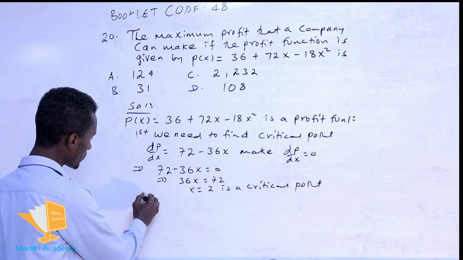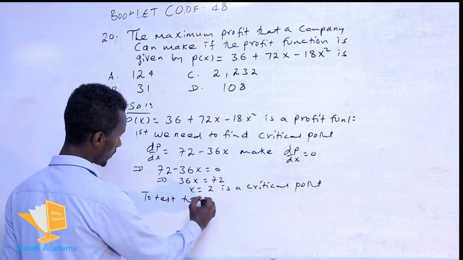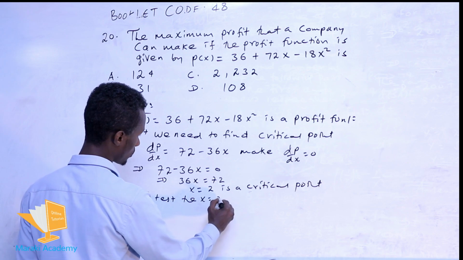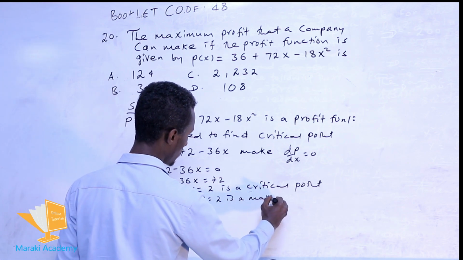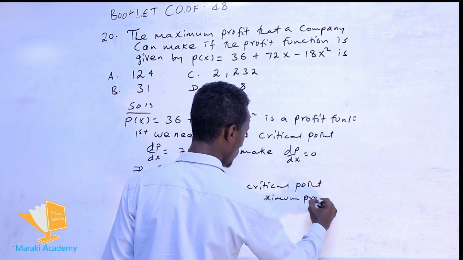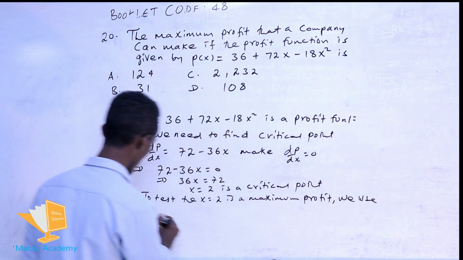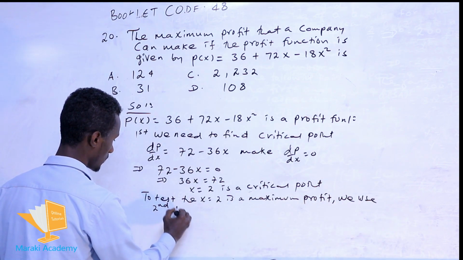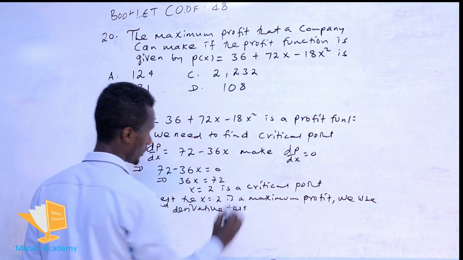Now, to test whether x equal to 2 gives a maximum profit, we use the second derivative test.